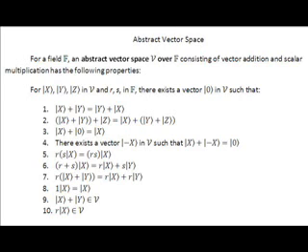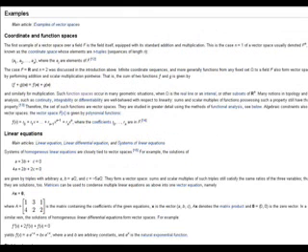Of course, one clear example of a vector space is that of the normal notion of arrows and the addition of those vectors by attaching them end to end, and then of scalar multiplication being stretching those arrows by the magnitude of the scalar.